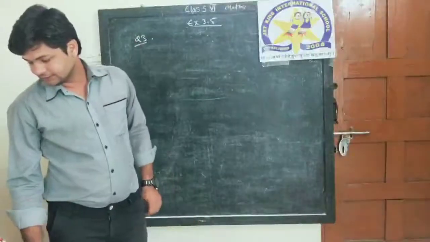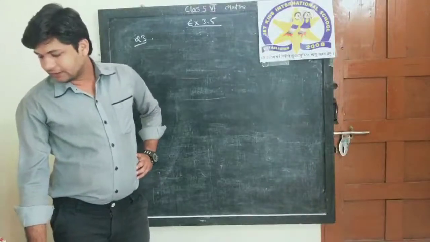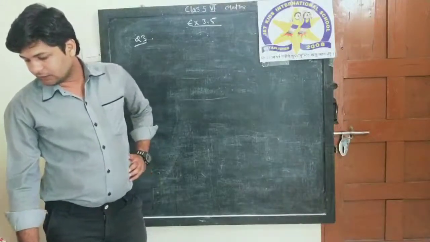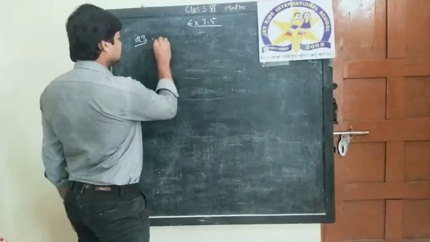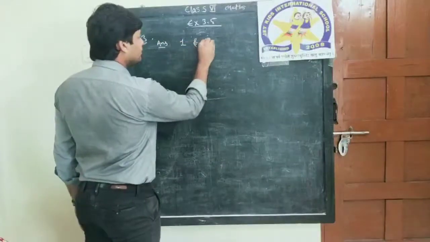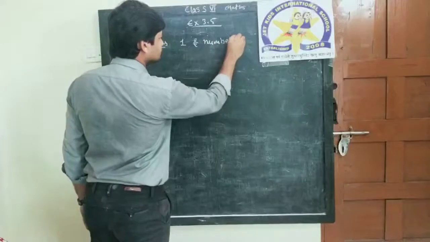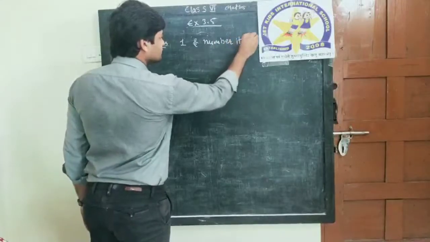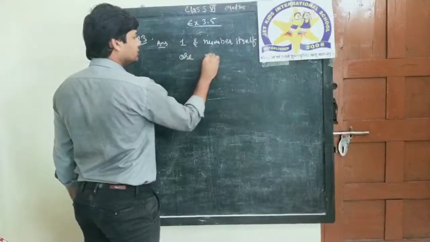It is: which factors are not included in the prime factorization? I already told you, in prime factorization, one and the number itself are excluded or not included.